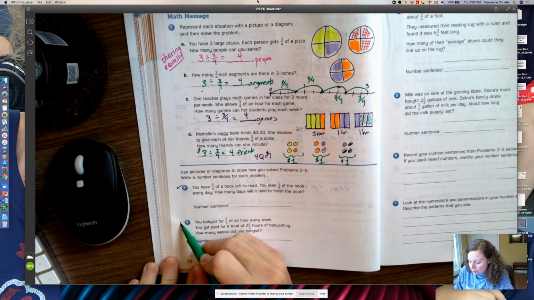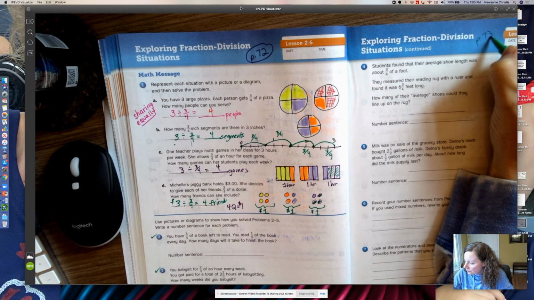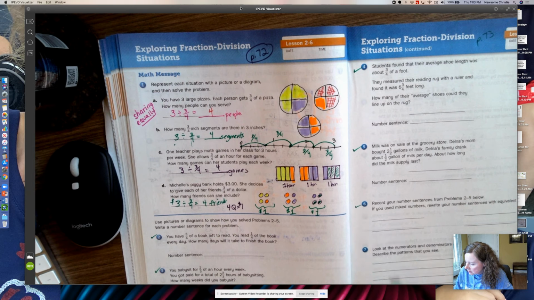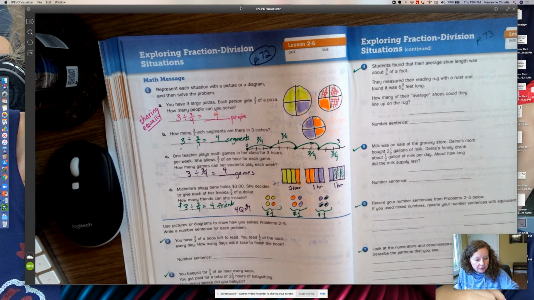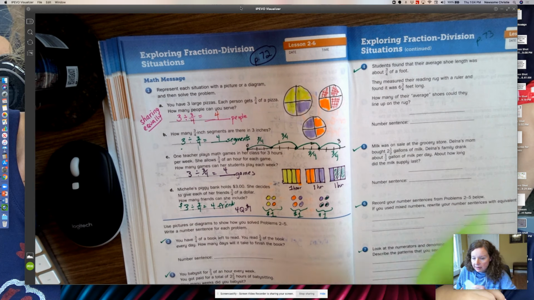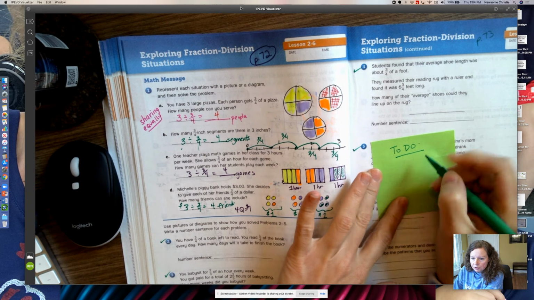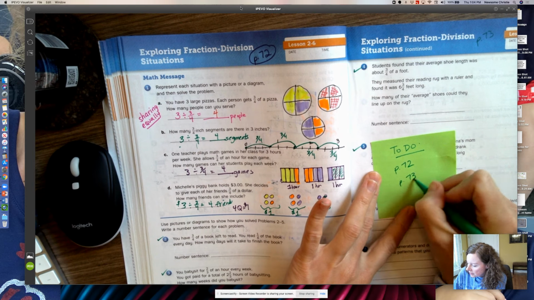So we're going to do 2, we're going to do 3. And then over here on page 73, I'd like you to do 4, 5, 6, and 7. Okay? So I'd like you to go ahead and finish page 72 and 73 as your to-do list right now. Okay? So your to-do list for math is page 72 and page 73.